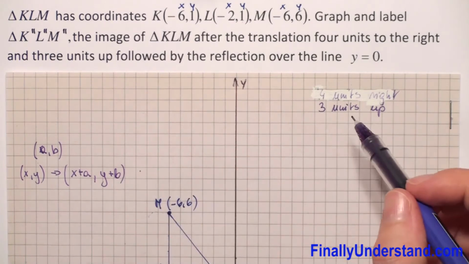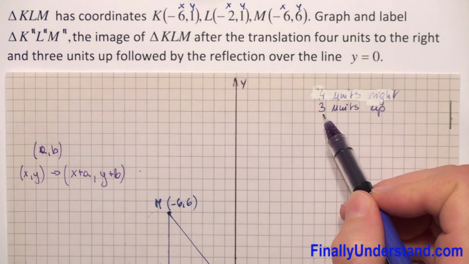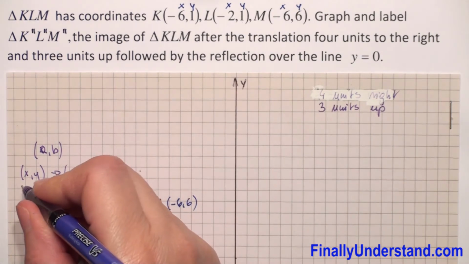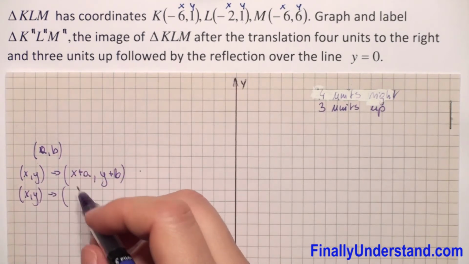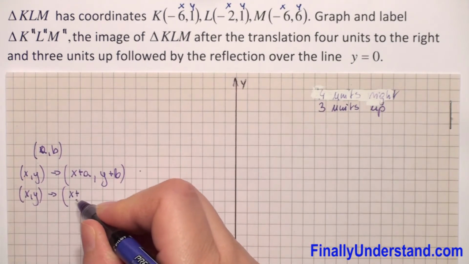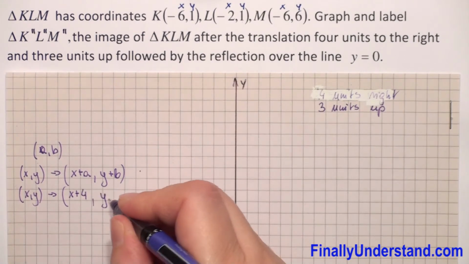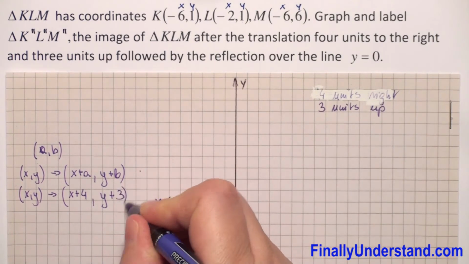In this example, a is 4 and b is 3. So when we have point (x, y), we add 4 to the first coordinate and 3 to the second coordinate.